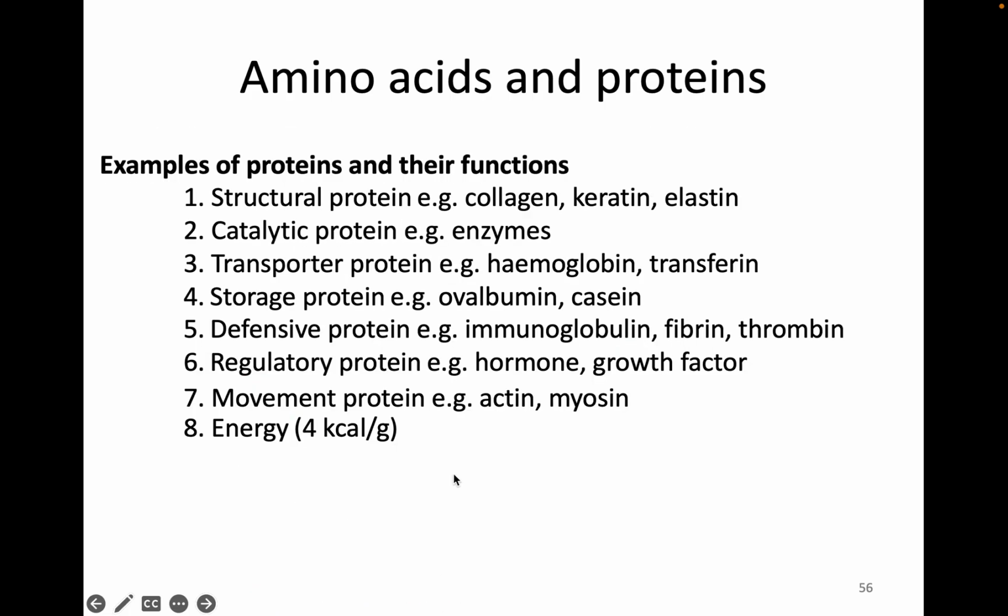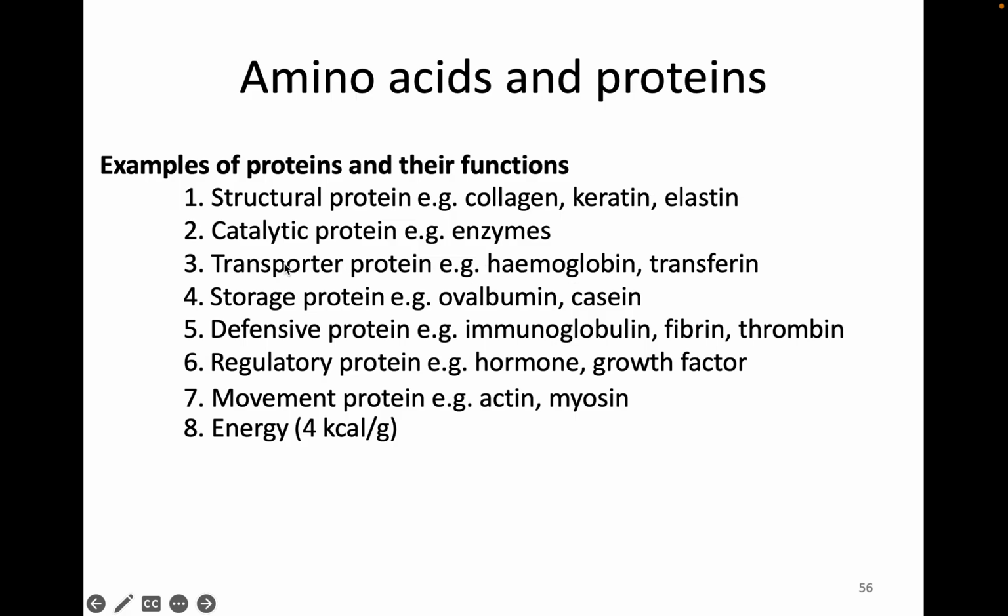Protein has a lot of functions depending on its type. Here is the list of protein functions. Protein can be a structure of cells, tissues, and organs, such as collagen, keratin, and elastin. Protein can be a biological catalyst like enzymes, which you will learn about in depth in another topic.